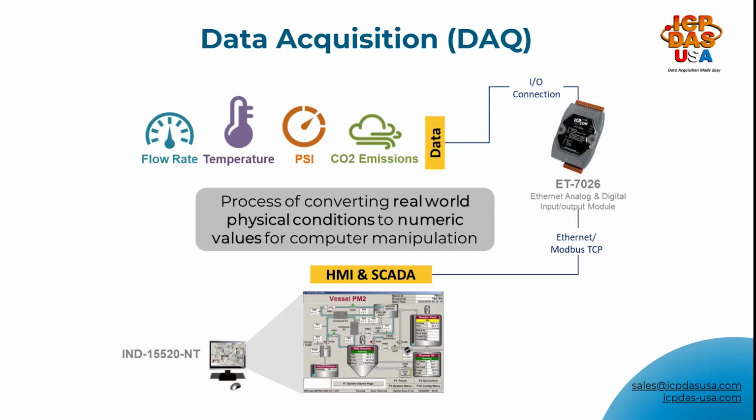The SCADA system receives the digital data using Modbus TCP from the ET7026 module and processes it according to its program logic. This might involve calculations, comparisons, and decision-making based on the sensor reading.